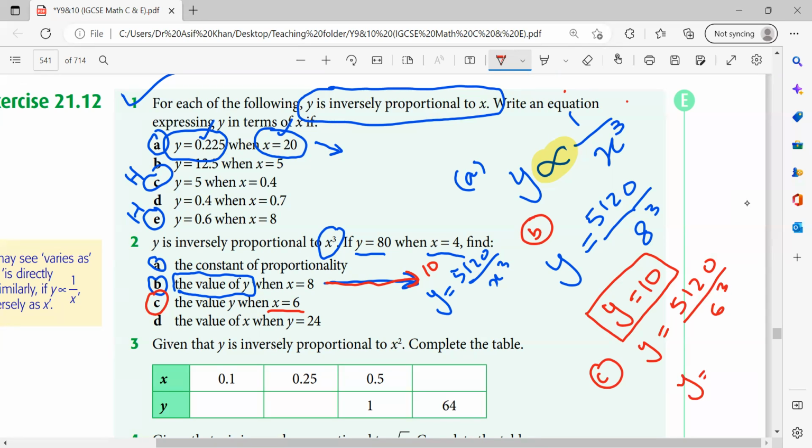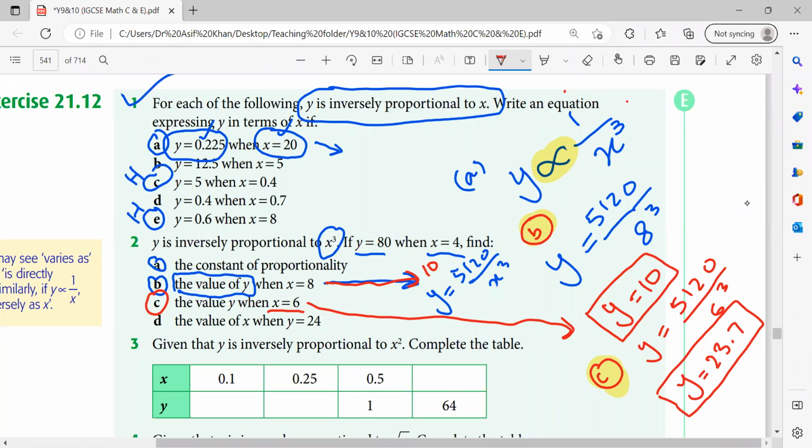What is the value of y for part C? Tell me. It's 23.7. Yes, so 23.7 is the answer of part C.